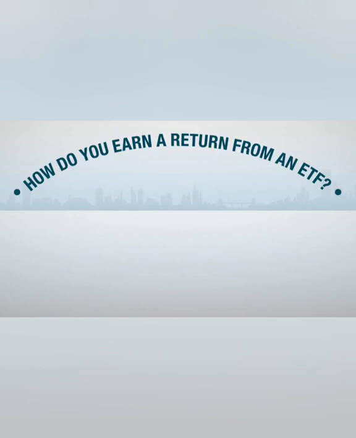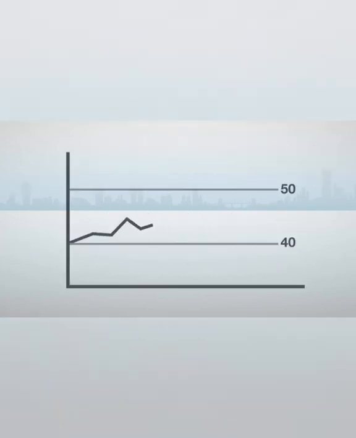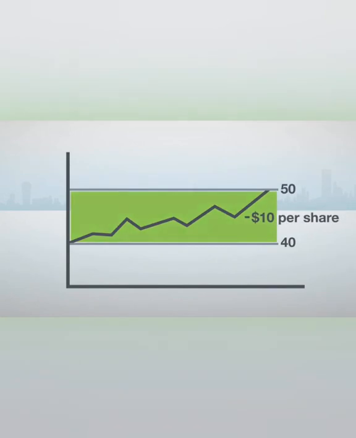Similar to a stock, he can earn a return two ways: a rising ETF market price and dividends. Typically, if the value of the ETF's investments increases, so does its price. If our investor purchased a hypothetical ETF at $40 and a year later it was selling for $50, our investor could profit $10 per share by selling his position.